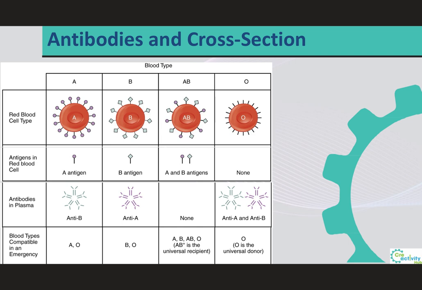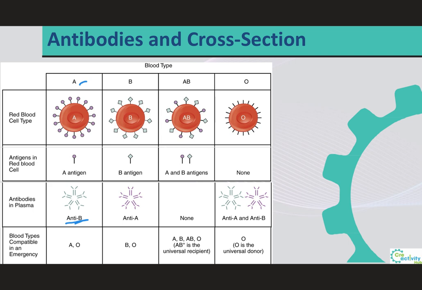So the blood of a type A, type B, or type O will always contain antibodies that will attack foreign surface antigens. For example, if you have type A blood, then your plasma contains circulating anti-B antibodies that will attack type B erythrocytes.